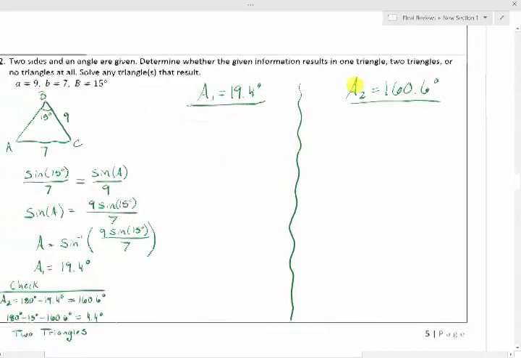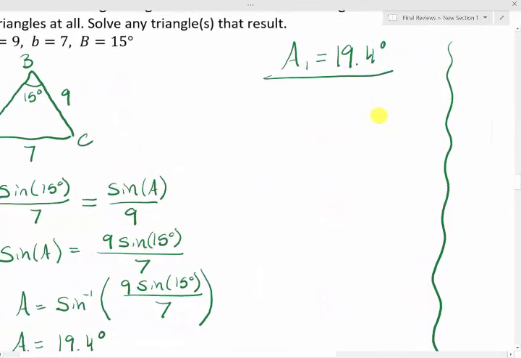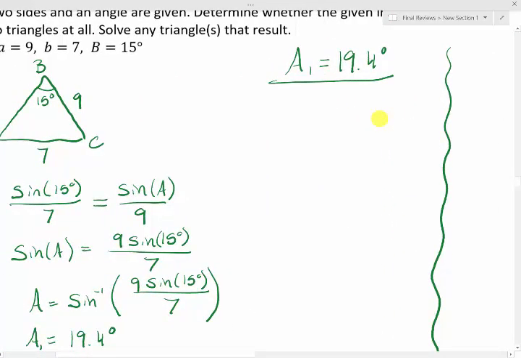And then I want to solve the rest of my triangle using these separate angles. So now that I have angle B, and I'm going to start with angle A sub 1, I can find angle C sub 1. So the subscripts of my angles and sides from this point on will have a 1 if it's for A sub 1, or a 2 if it's for A sub 2, because we're going to get a set for each of those angles A. My angle C sub 1 will be 180 degrees, minus 15 degrees, minus 19.4 degrees.